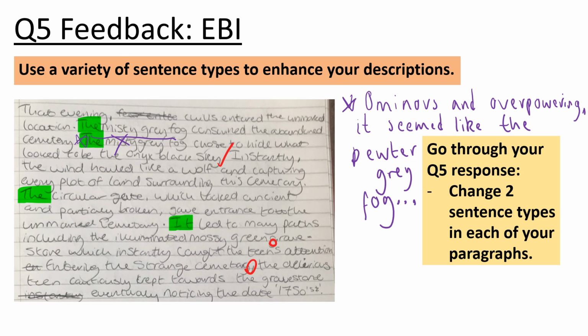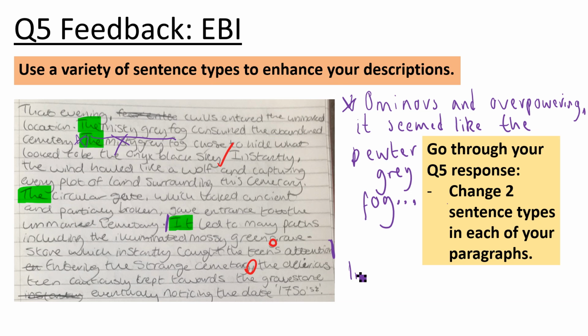And then what else do we have here that I could maybe change slightly? Instantly the wind howled like a wolf and capturing every plot of land surrounding this cemetery. The circular gate, which looked ancient and particularly broken, gave entrance to the unmarked cemetery. It led to many paths, including the illuminated mossy green gravestone, which instantly caught the teen's attention. So this sentence here, I would maybe switch the sentence round.